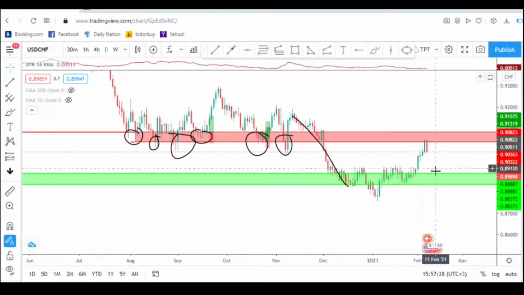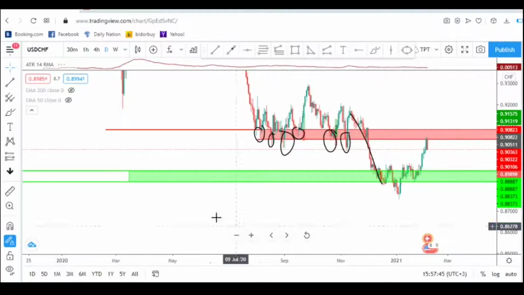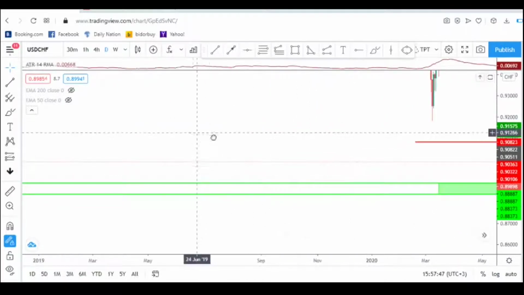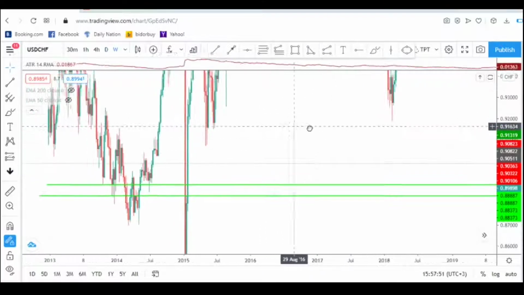And when the market came to this zone that I have marked here, this is a green zone on a daily time frame. If you scroll back here, I think this is a weekly level of the structure.